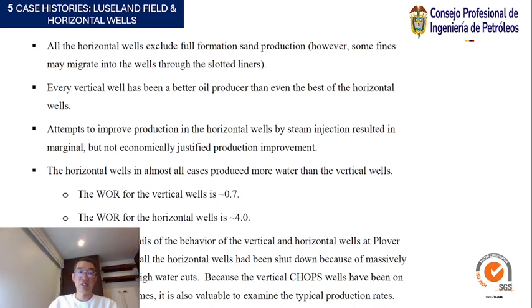As of December 1998, all the horizontal wells had been shut down because of massively declining oil production and high water cuts. Because the vertical CHOPS wells have been on production for much longer times, it is also valuable to examine the typical production rates.